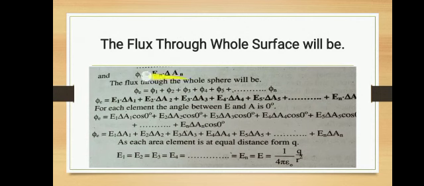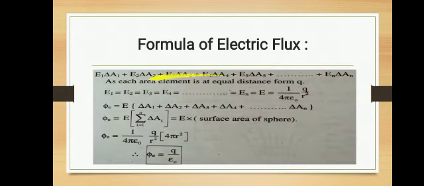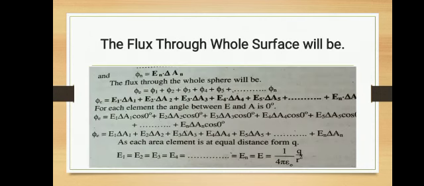The flux through the whole sphere will be phi 1 plus phi 2 plus phi 3 plus phi 4 up to phi n, and this total electric flux is calculated by adding all the fluxes through each element.